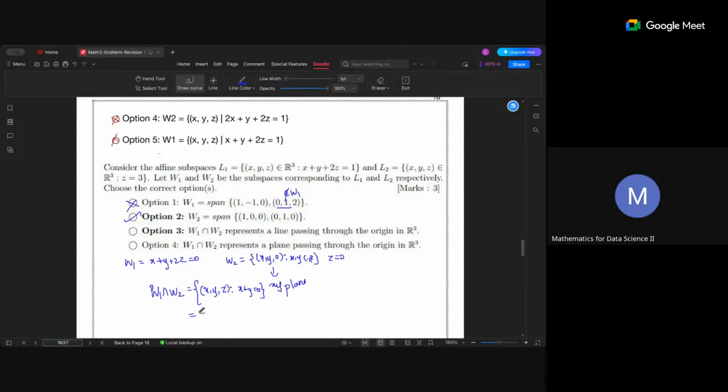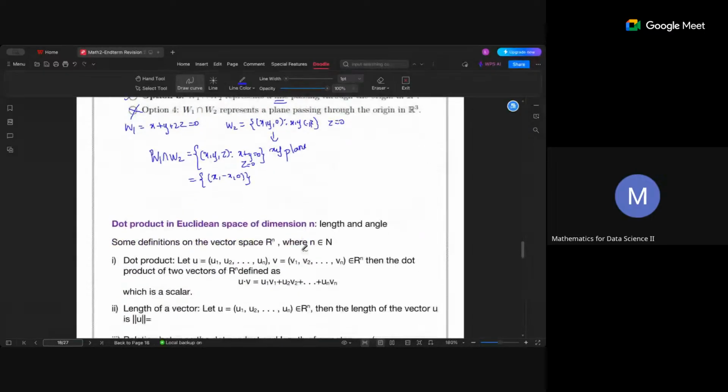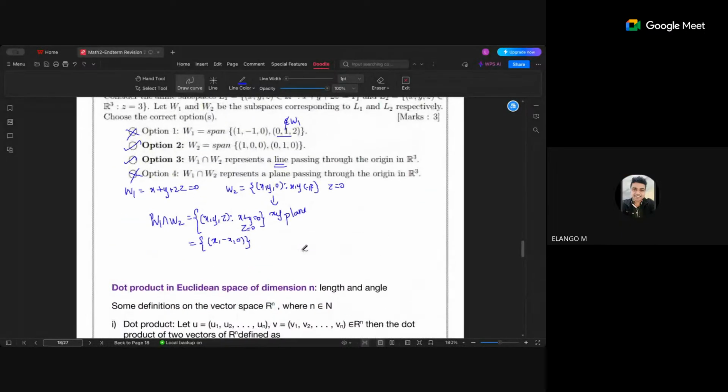This means you have the set of all x comma minus x comma 0. So you can see that it represents a line passing through the origin, a one-dimensional space, and it cannot be a plane. As the dimension is 1, we are saying it's a line, right? Yes, okay.